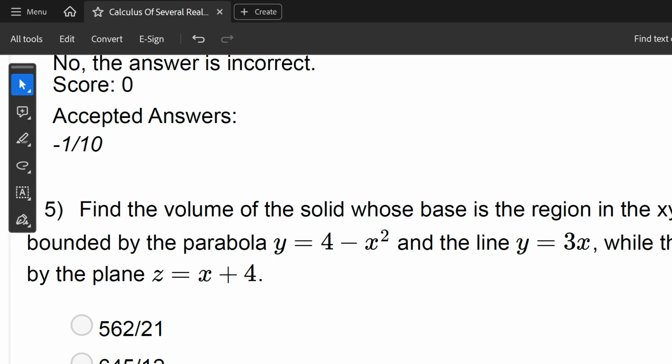Drawing this type of figure, you have to visualize first. So first I will draw what is in the base, then what is in the upper plane. The parabola is y equal to 4 minus x square, the line is y equal to 3x, and the plane is z equal to x plus 4.